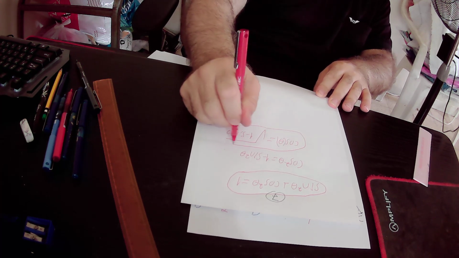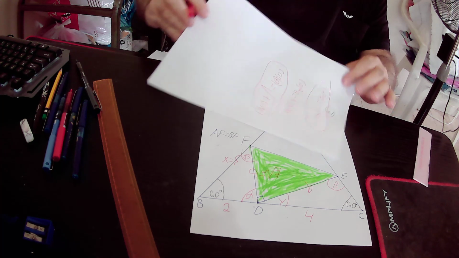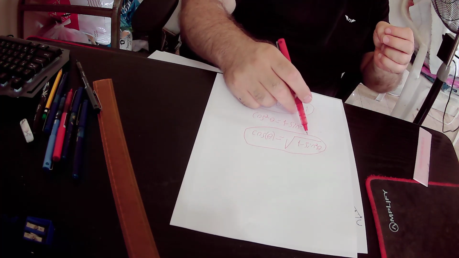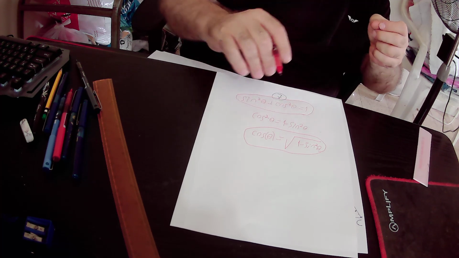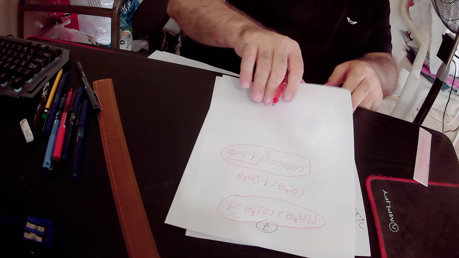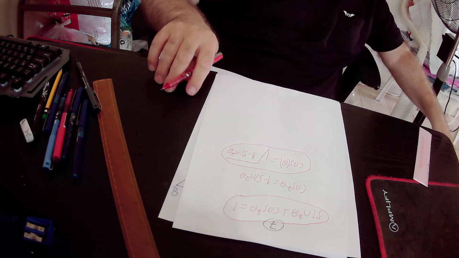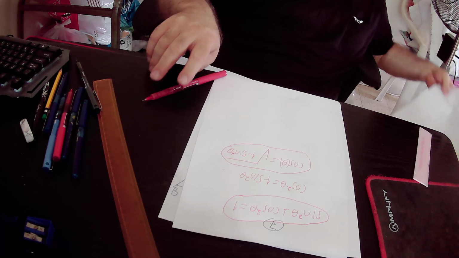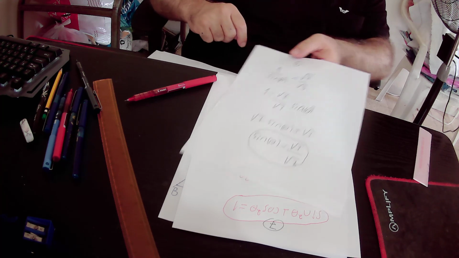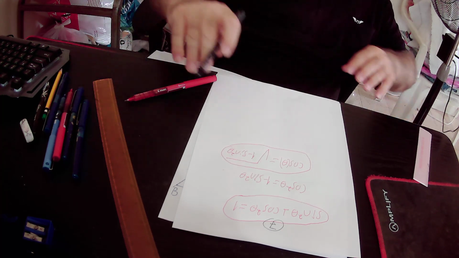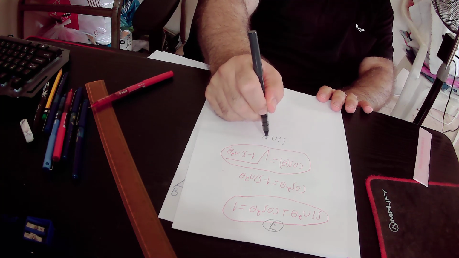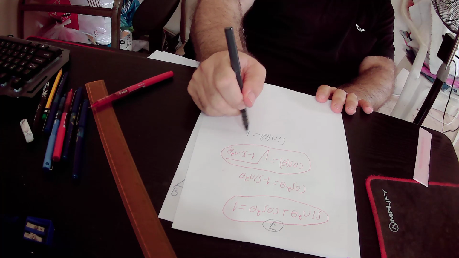So we got the value of cosinus theta. But we have already found out that the value of sinus theta equals root 3 over root 7.